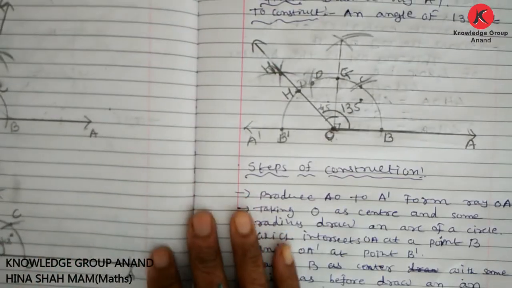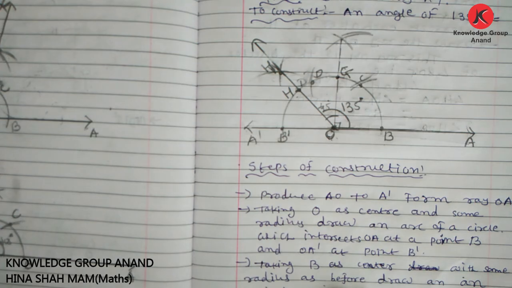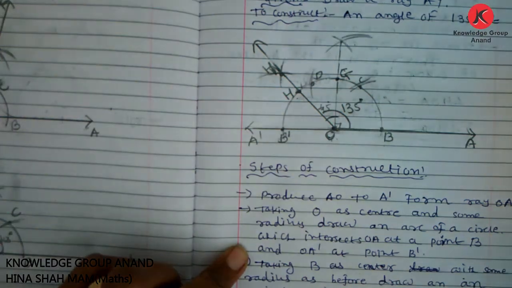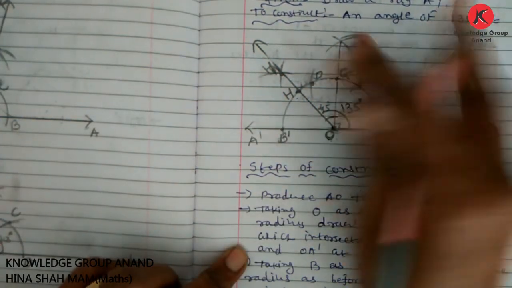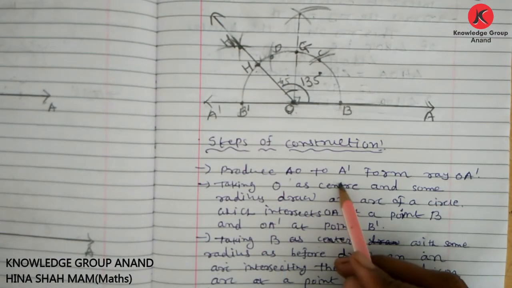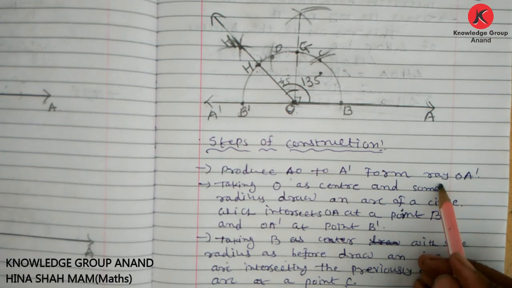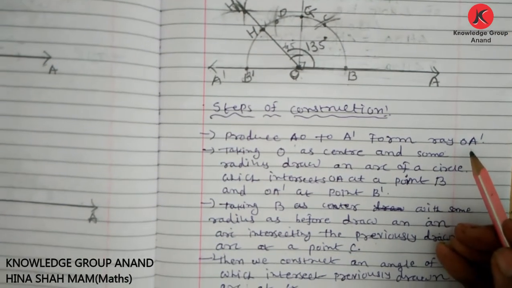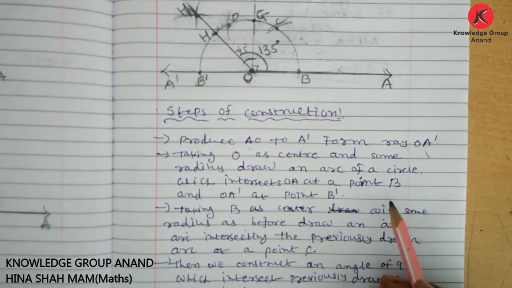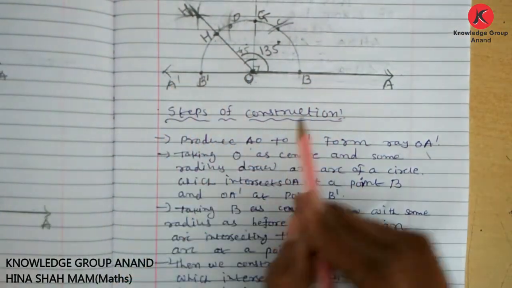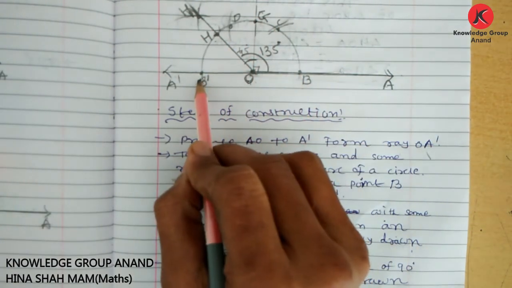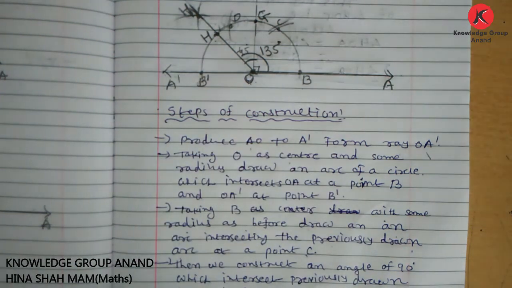Again, steps of construction. Produce AO to A dash to form ray OA dash. We draw first ray OA dash, OA and OA dash. With O as center and some radius, intersect OA at B and OA dash at B dash.